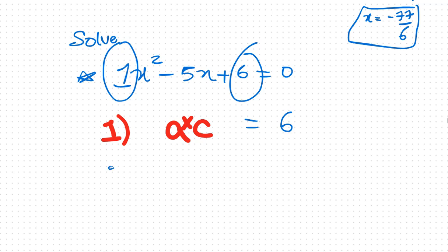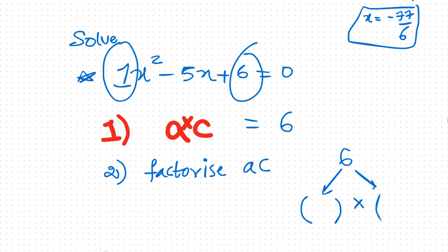The second step is to factorize AC. In this case, AC was 6, right? Factorize means write it in terms of something into something.